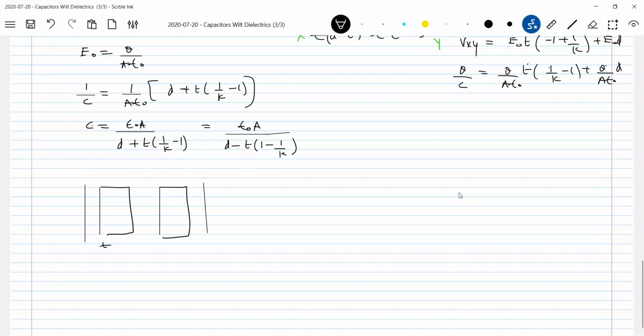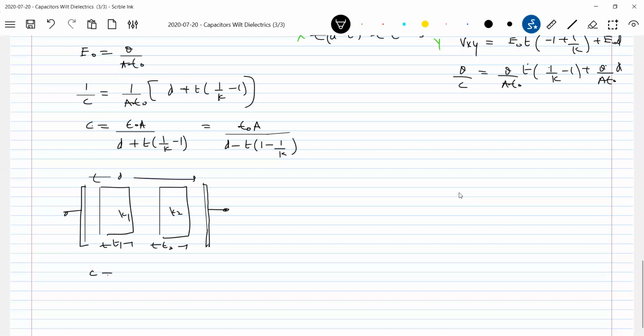So thickness of this will be T1, this is T2, K1, K2. The total distance, let it be T. It's not only applicable for one slab, it is applicable for n number of slabs of different thickness that are placed here.